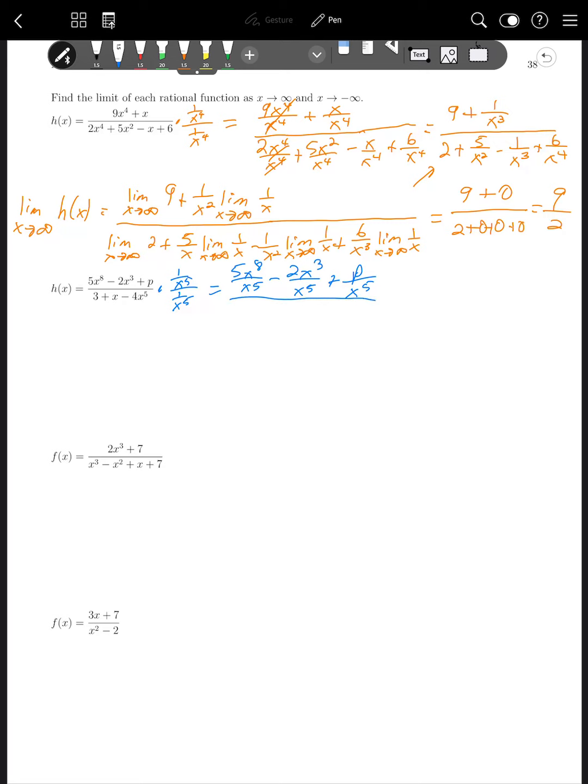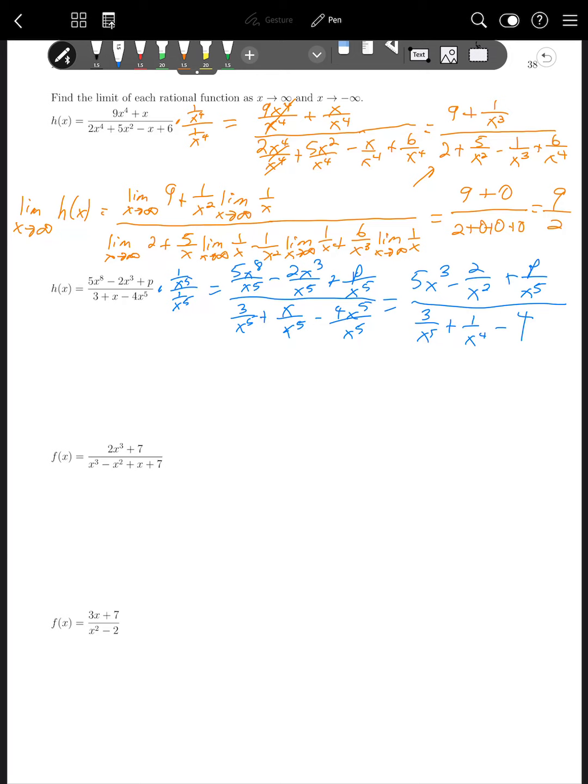And then we get 3 over x to the 5th plus x over x to the 5th minus 4 over x to the 5th over x to the 5th. And now if we simplify those, we get 5x cubed minus 2 over x squared plus p over x to the 5th all over 3 over x to the 5th plus 1 over x to the 4th minus 4.